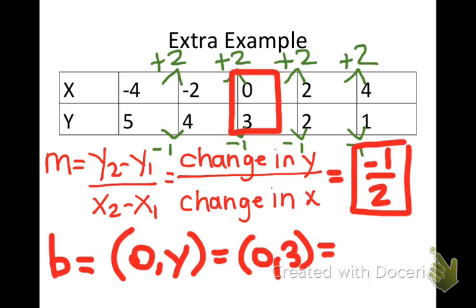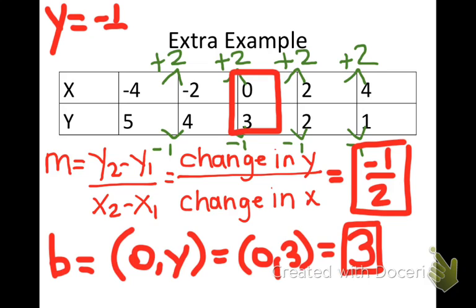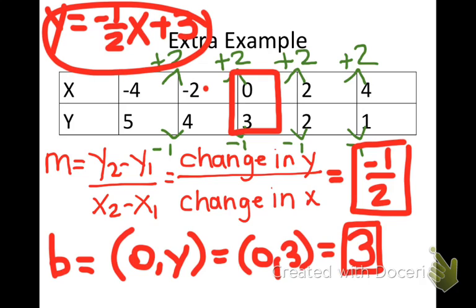Therefore, your y-intercept is 3. Using this information, we can write our equation in slope-intercept form. Slope is negative 1/2, and your y-intercept is 3. So y equals negative 1/2 x plus 3.